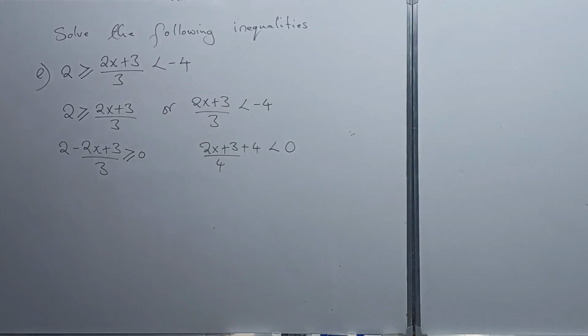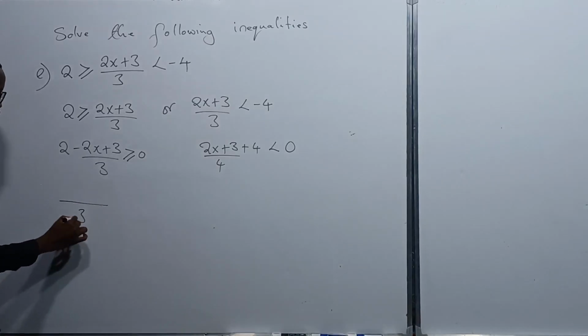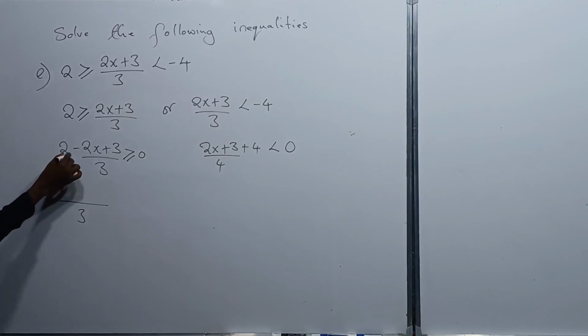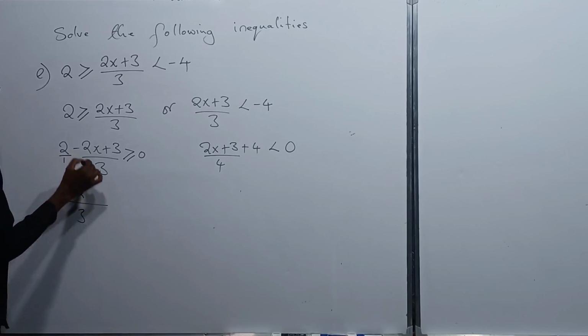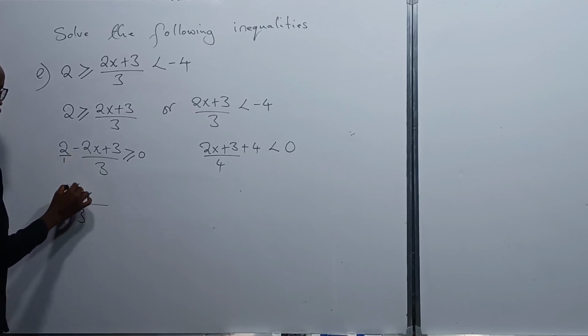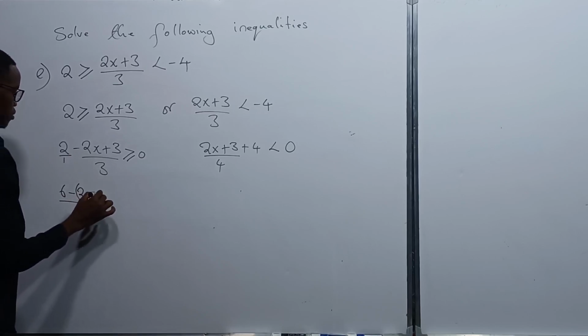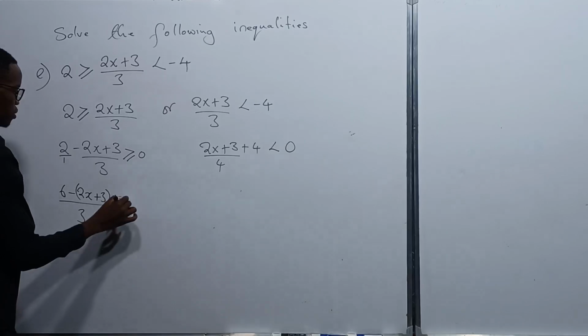So then, the next step, the common denominator is 3. So this is the same as 2 over 1. So 1 into 3 is 3, 3 times 2 is 6, minus 3 into 3 is 1, 1 times that, so we just get minus 2x plus 3 is greater than or equal to 0.